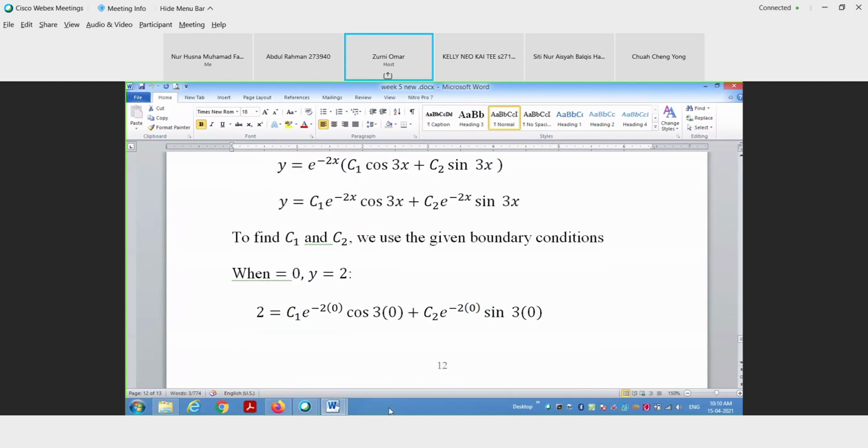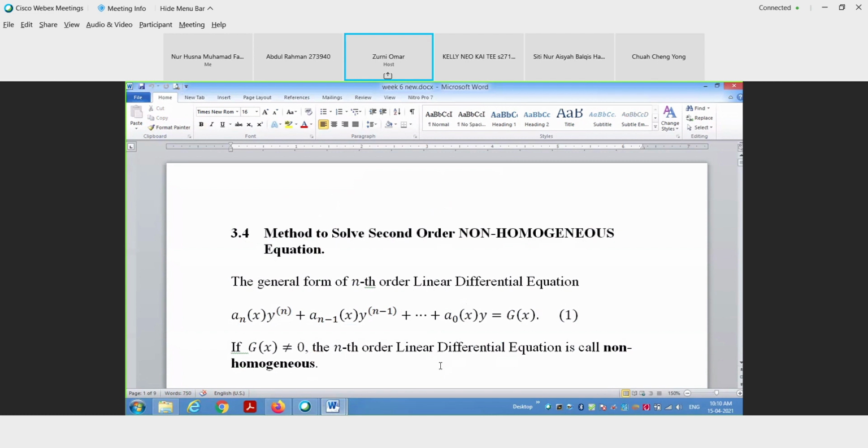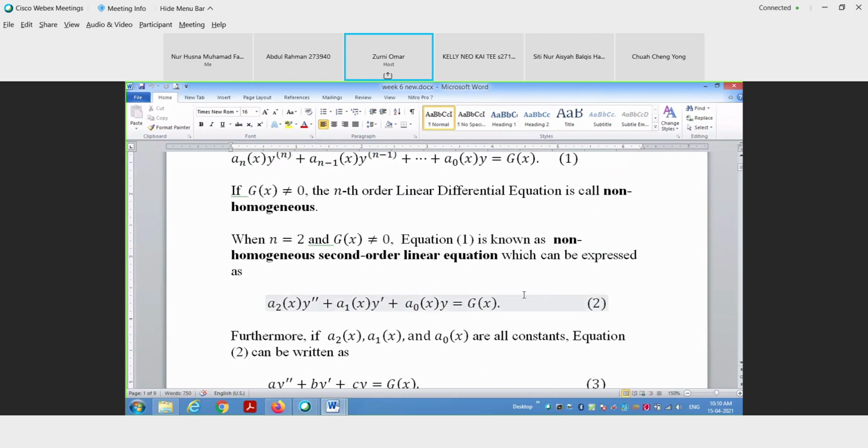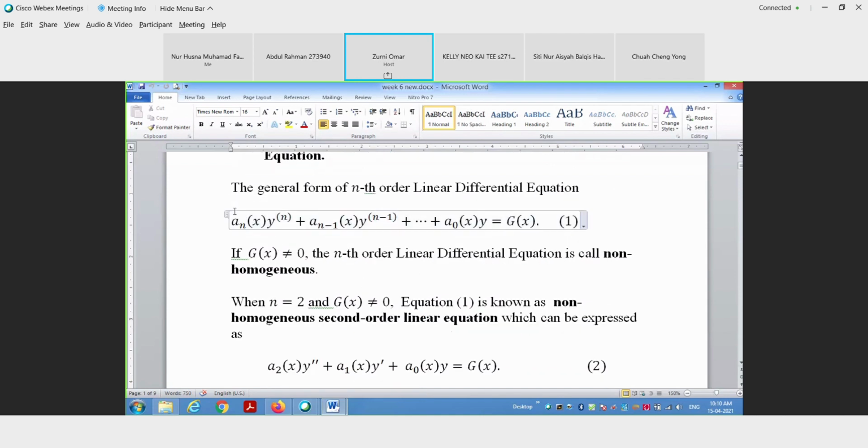Today we will learn how to solve second order non-homogeneous equations. Recall that a non-homogeneous equation of nth order linear differential equations has this form.